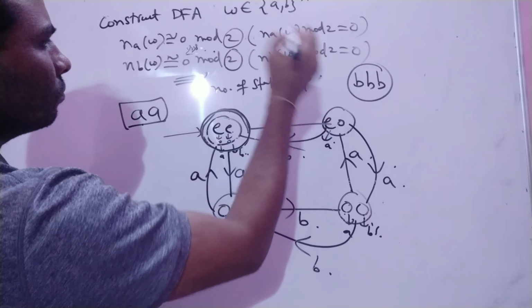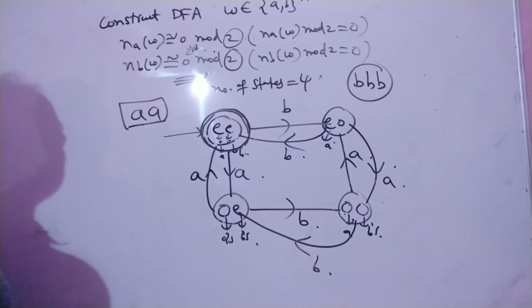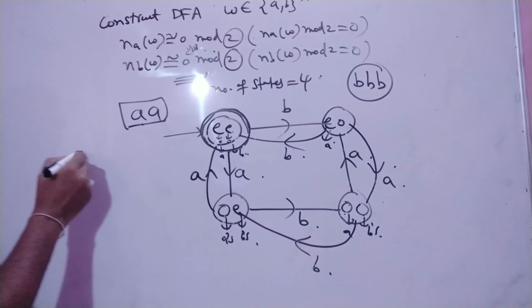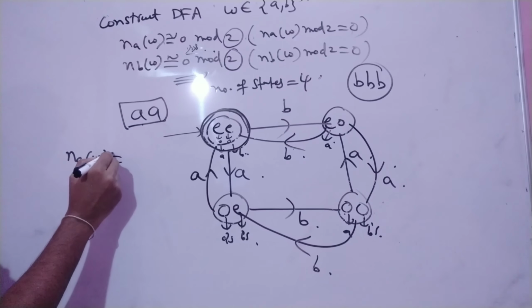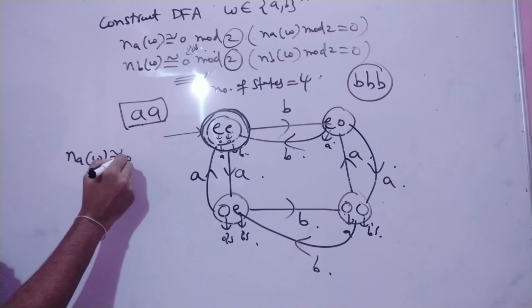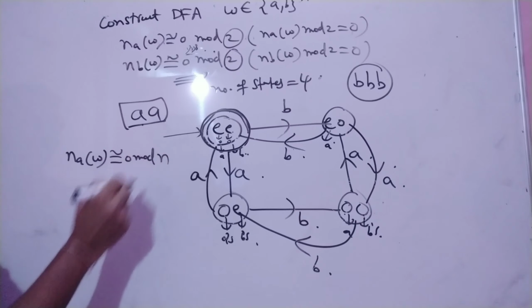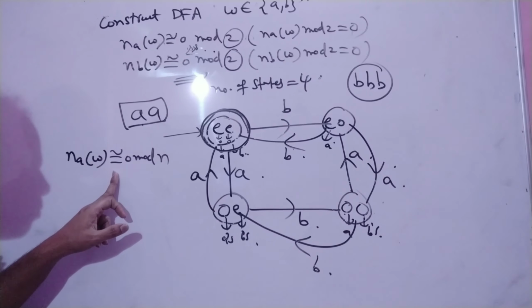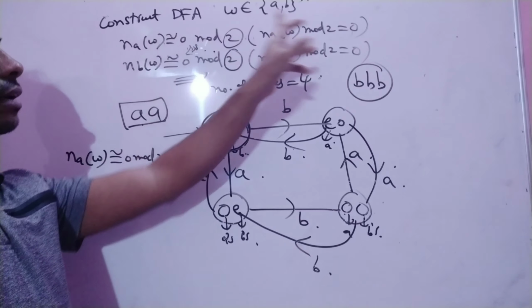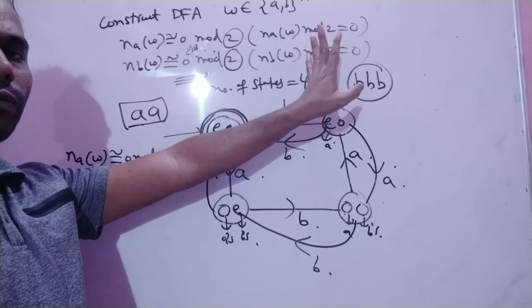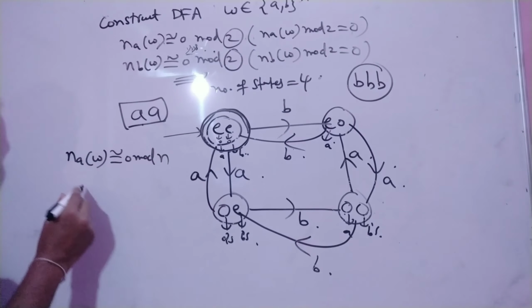So in general, for example, they may ask in the exam, number of A's is 0 mod n. So what is the symbol this? Congruent symbol. This particular thing you can write like this. This is equivalent to this one. No confusion here, both are same.